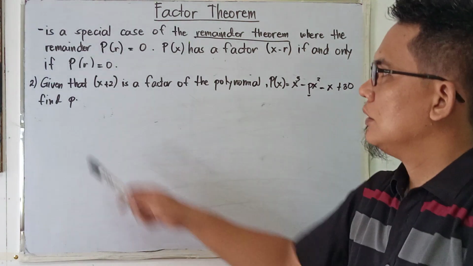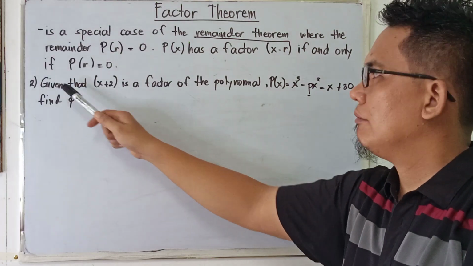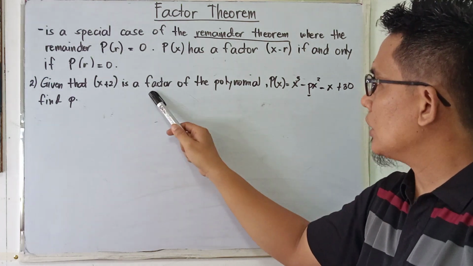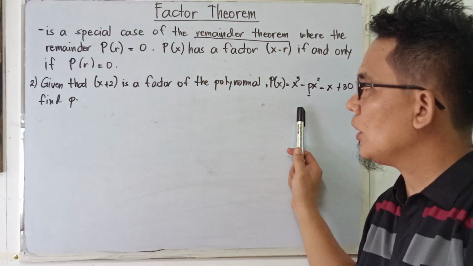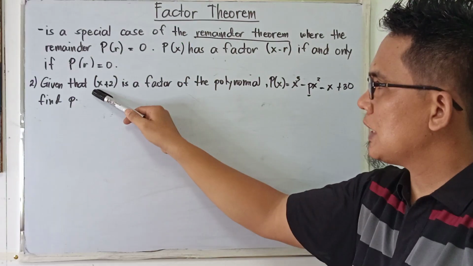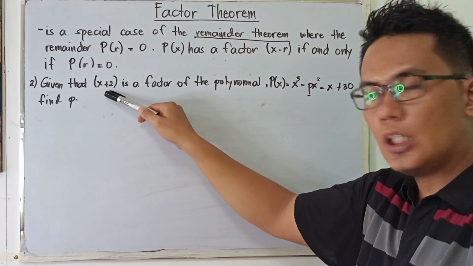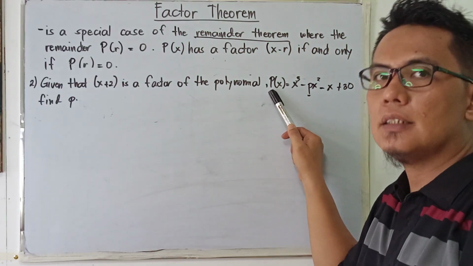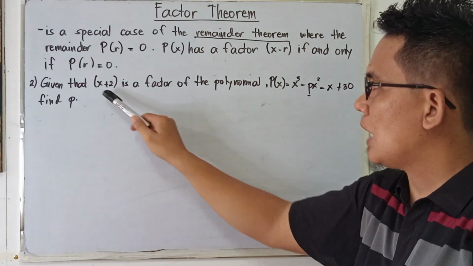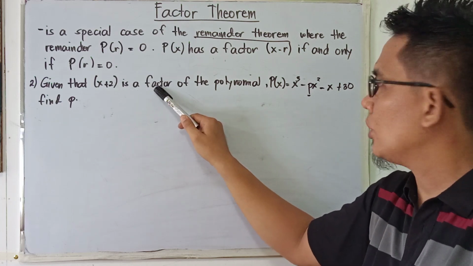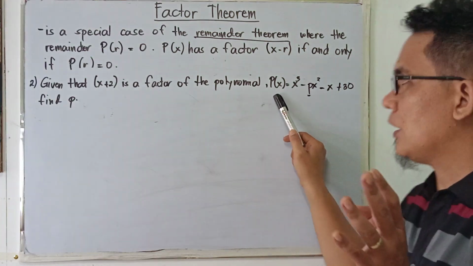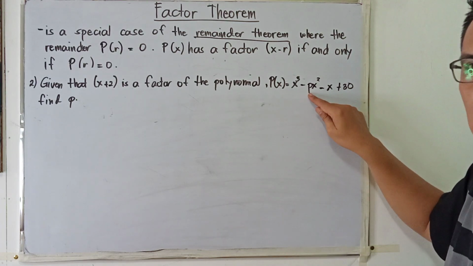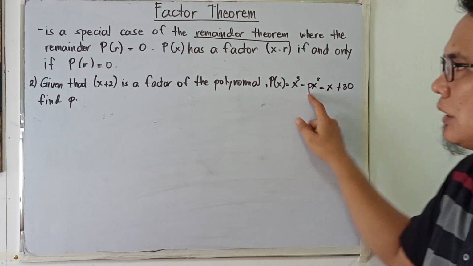Here, it is given that x plus 2 is already a factor of the polynomial P of x. Therefore, if we substitute negative 2, the opposite of positive 2, into P of x, the remainder is 0, since x plus 2 is a factor of P of x. But our P of x has an unknown value p, so that is what we're going to solve for.